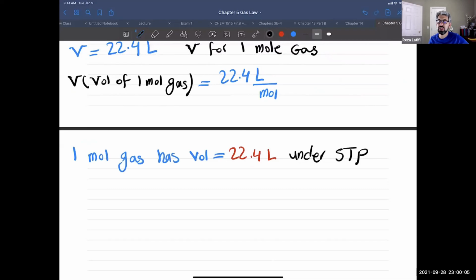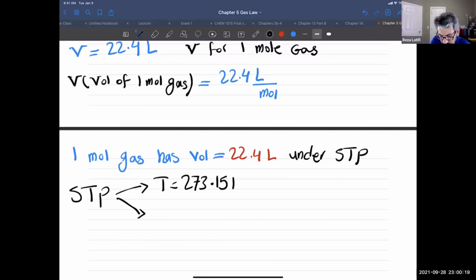What's the STP condition? Standard temperature and pressure. So STP is the standard temperature and pressure. Temperature must be 273.15 Kelvin and pressure 1 atmosphere. Under STP condition, the volume of any gas will be 22.4 liter per mole.